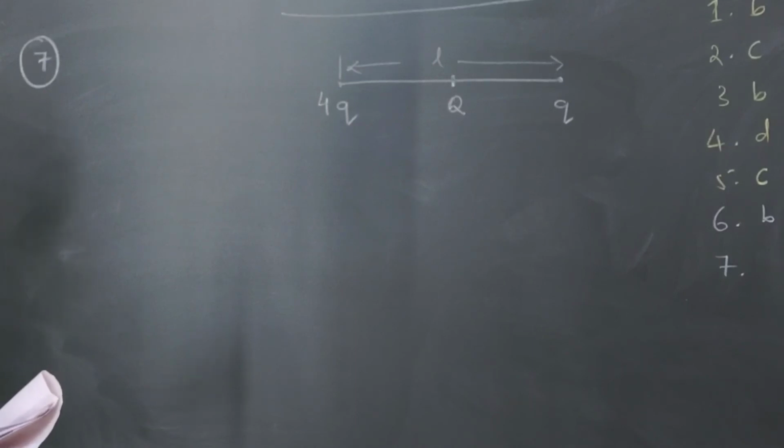What should be the value of Q in order to make the net force on Q to be 0?